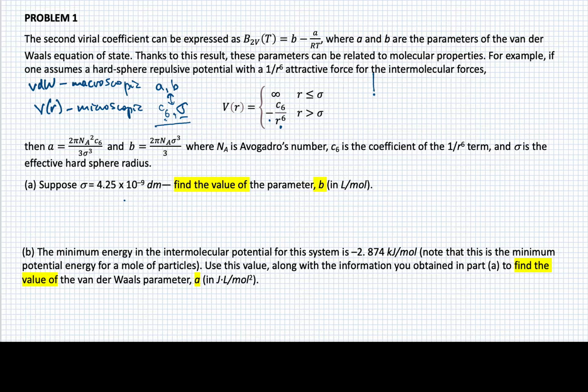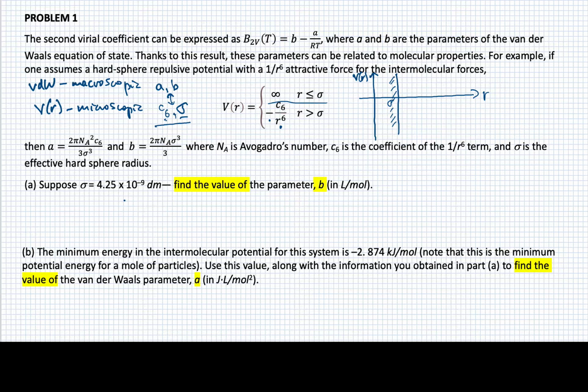All right, we've got as a vertical axis our potential function, and as a horizontal axis we have the distance between two molecules. Now the first part here is telling us that when r is less than or equal to some distance, which we'll call sigma, the hard sphere radius, the potential is infinite, so it cannot go inside that wall.